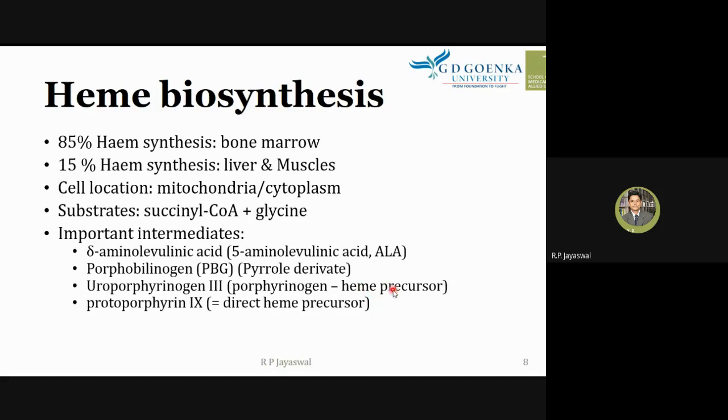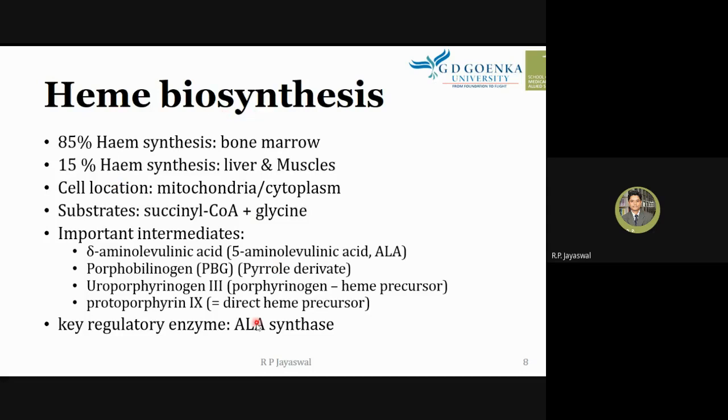Now the key regulatory enzyme here is delta aminolevulinic acid synthase. This is a very important enzyme which catalyzes the first reaction of heme biosynthesis by combining succinyl coenzyme A and glycine to produce delta aminolevulinic acid. So this enzyme is a regulatory enzyme. If the enzyme is activated, then we can synthesize heme step by step.